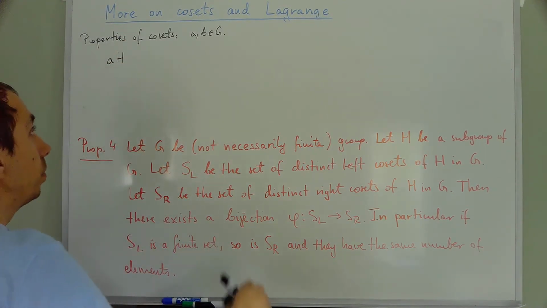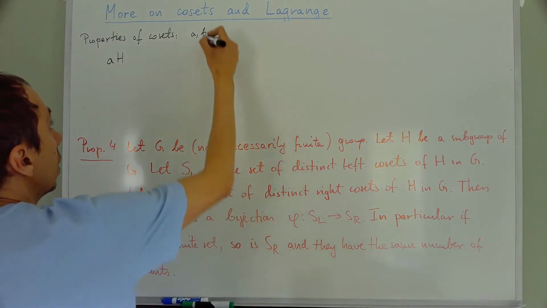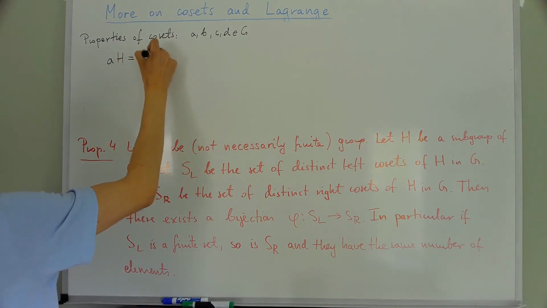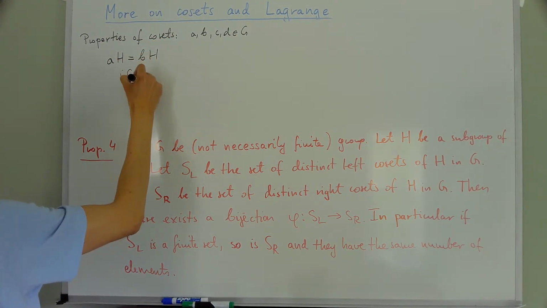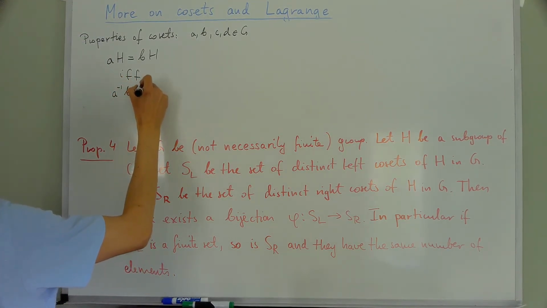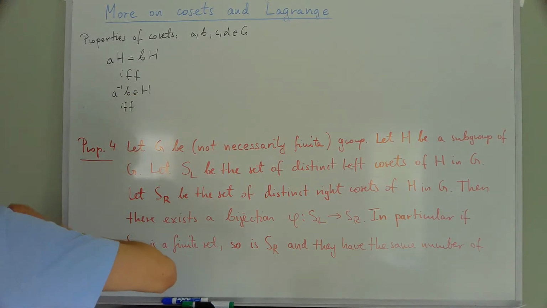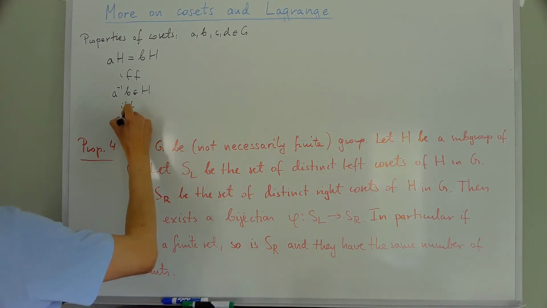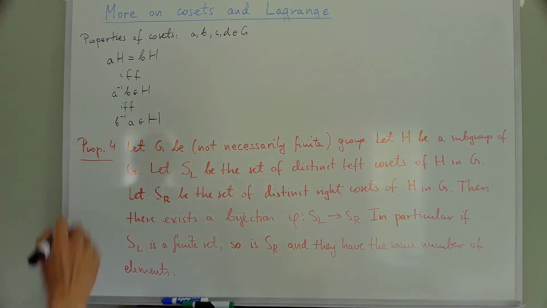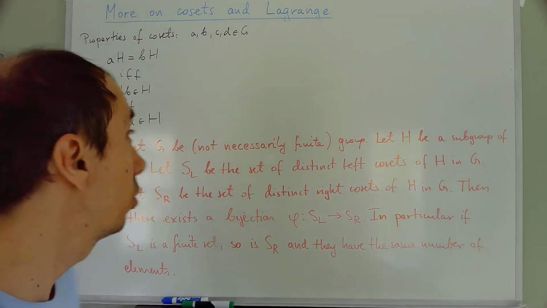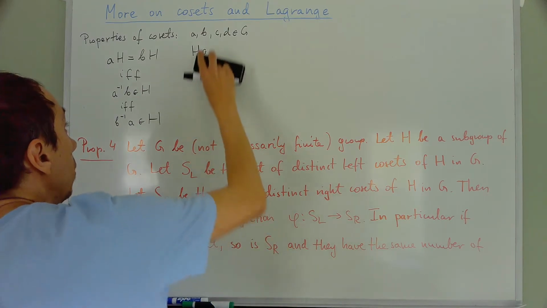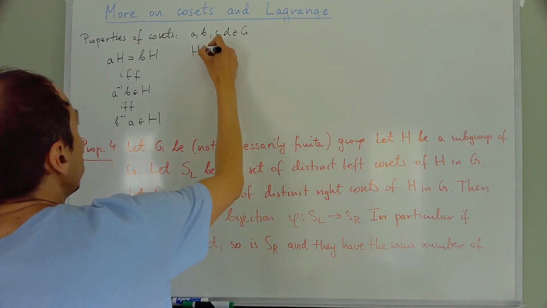AH is equal to BH if and only if A inverse B is in H, if and only if B inverse A is in H. So this we proved, but there's a property also for right cosets which we didn't prove, but you can prove it the same way we proved these properties for left cosets.